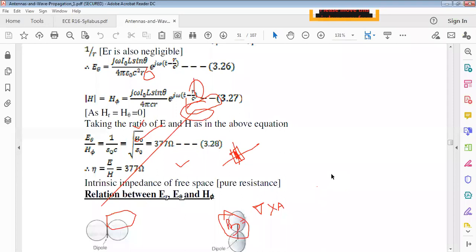When we solve, we get 377 ohms, or 120 pi. That is the fundamental relation between E and H components, and this is very important from the exam point of view, interview point of view, and competitive exam point of view also.